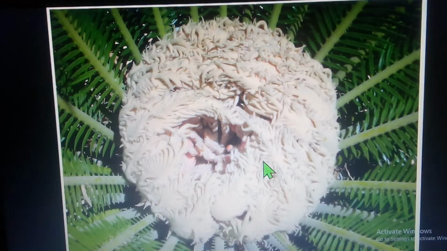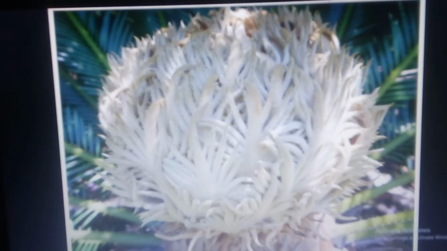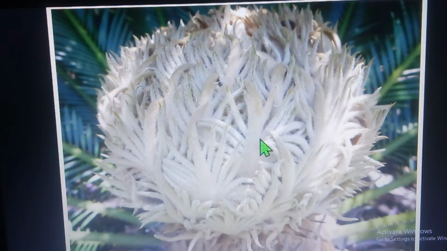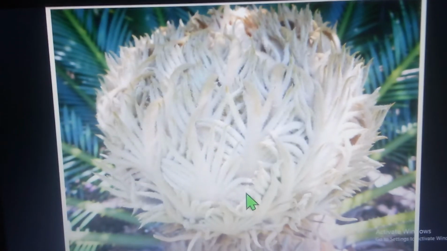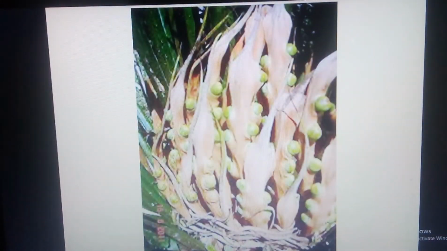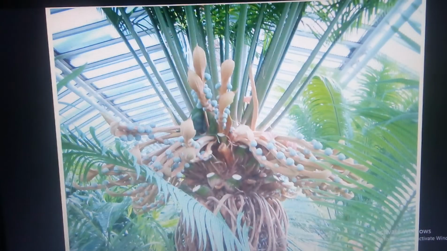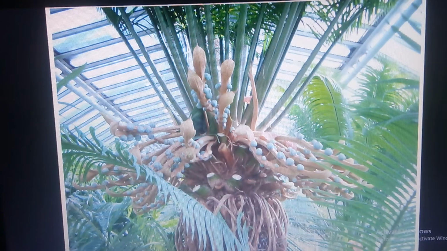You can see here in these other pictures, they are covered with hairs and they are leaflet pinnate structures. You see here these are the pinnate structure of the Megasporophyll. This is another Megasporophyll of Cycas plant species.